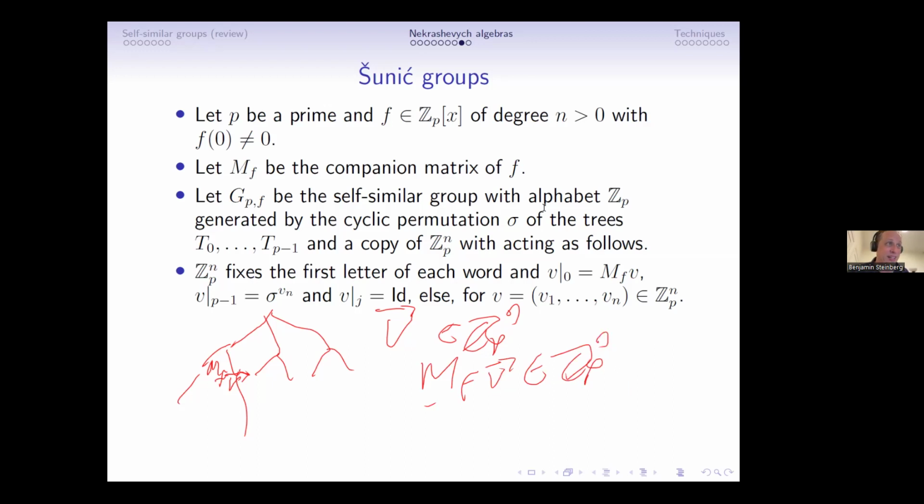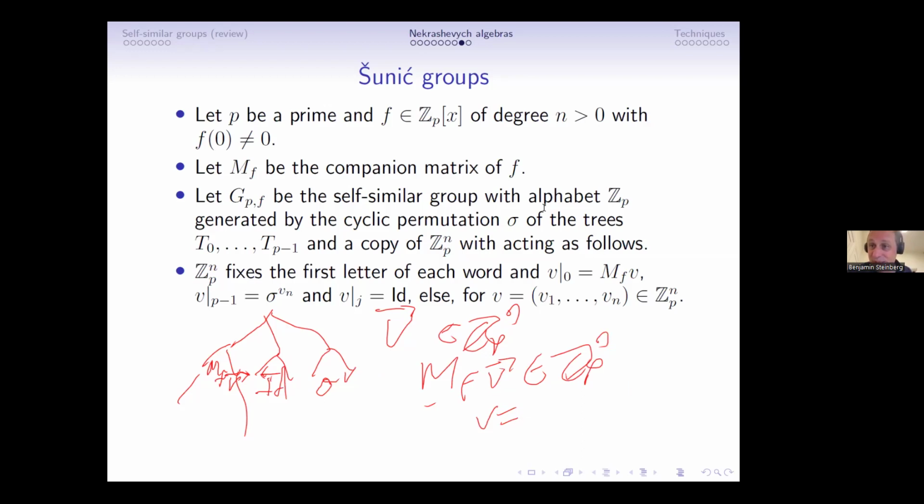On the second tree, I'm going to act as the identity, and maybe I should call this ID. And on the third one, what I'm going to do is act as sigma to the last component. So here v, or maybe it should be v2, sorry, because I'm doing indexing mod 3.